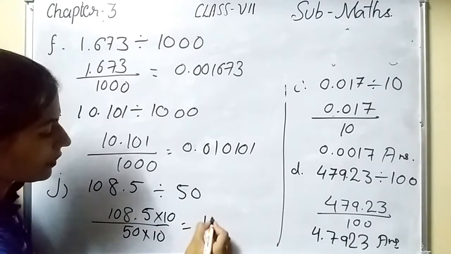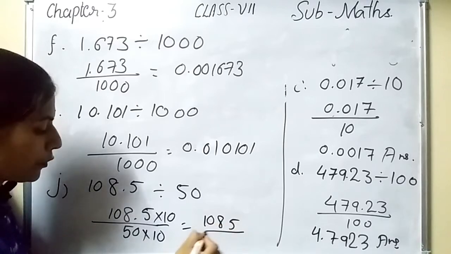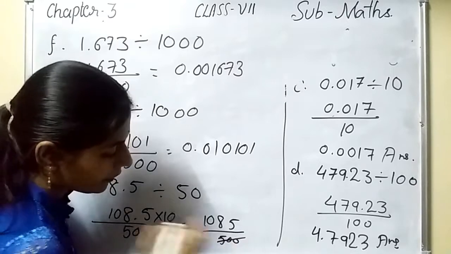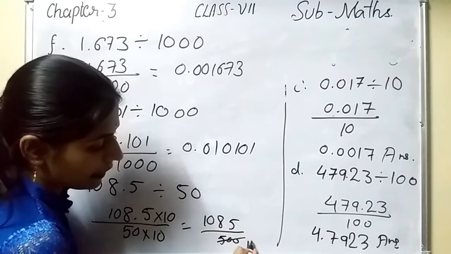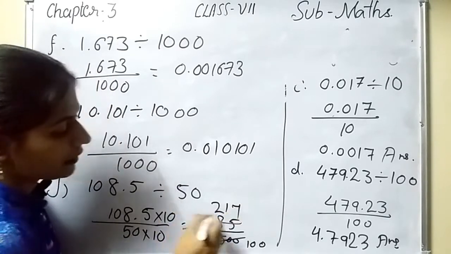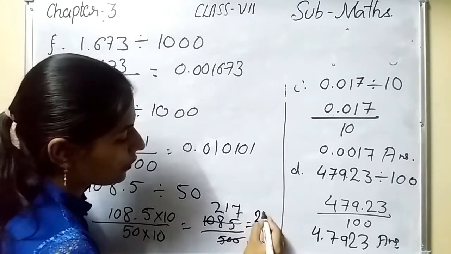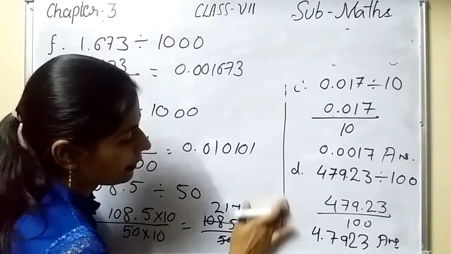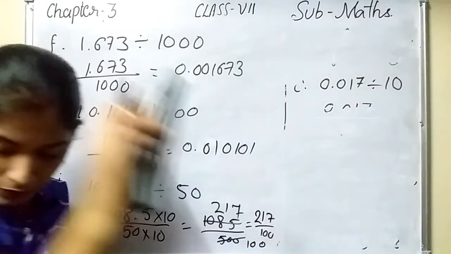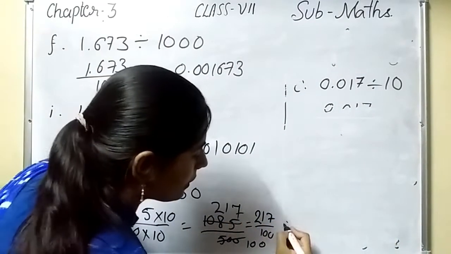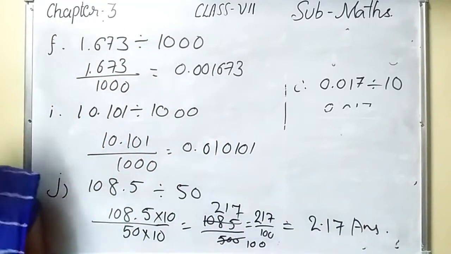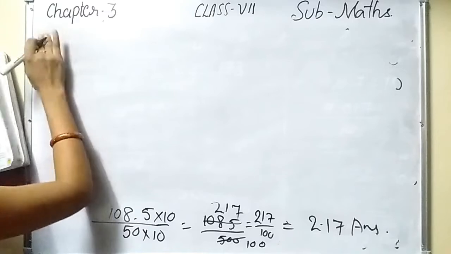So it becomes 1085 upon 500. Now divide it by 5: 5 ones are 5, 5 twos are 10, 5 ones are 5, 5 sevens are 35. So it is 217 divided by 100. 2.17 is your answer.